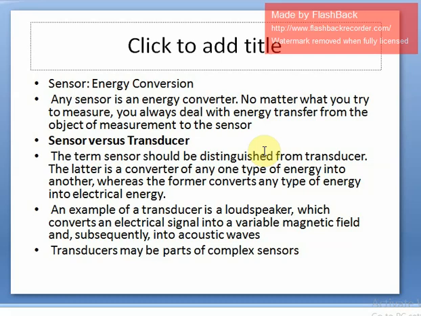The terms sensors and transducers are very common. They have a lot of overlap, and we have to understand the distinction between these two. There is a lot of misunderstanding. People confuse sensors and transducers, right? So the word transducer is a collective term which includes the sensors as well as the actuators, right?